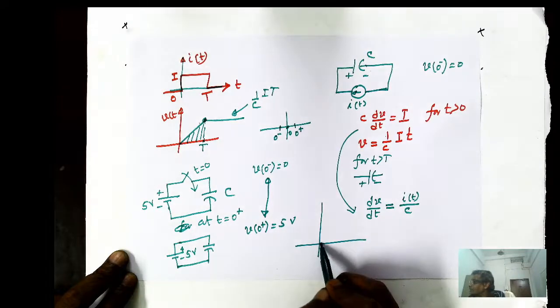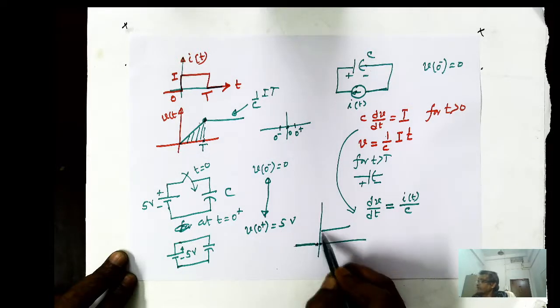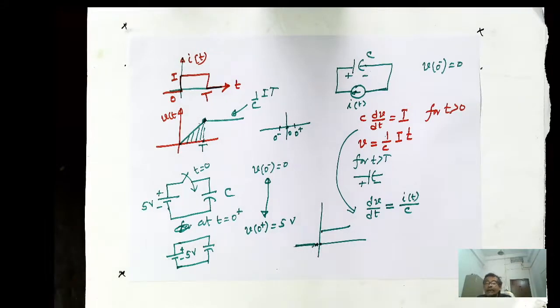Therefore, earlier the capacitor voltage was 0 and at 0 plus it has gone up to plus 5 volt, in practically no time.